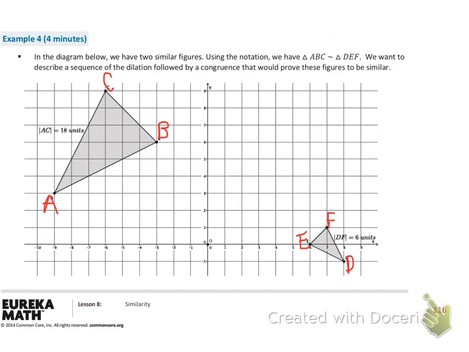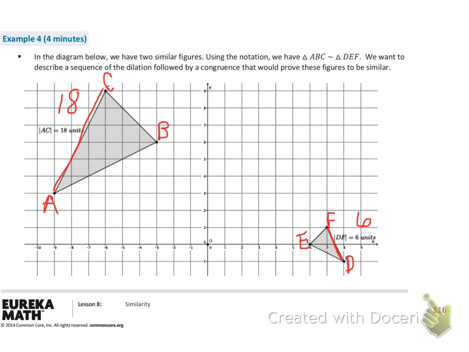Okay, so I've got this segment AC here, and I'm told it is 18 units long. And I know from my similarity statement that A and C correspond to D and F. So DF over here is 6 units. So I can figure out my scale factor that I would need for my dilation.